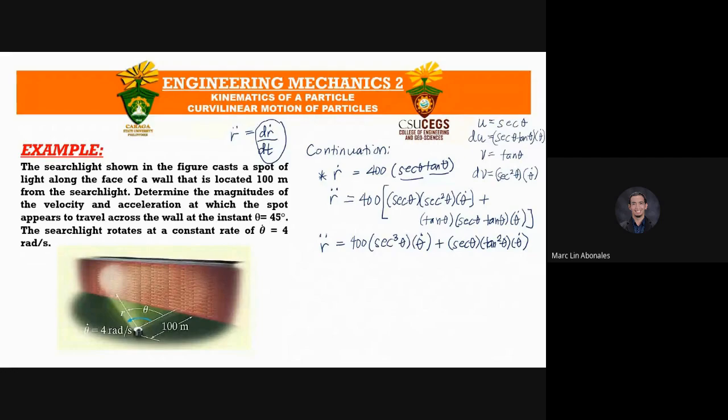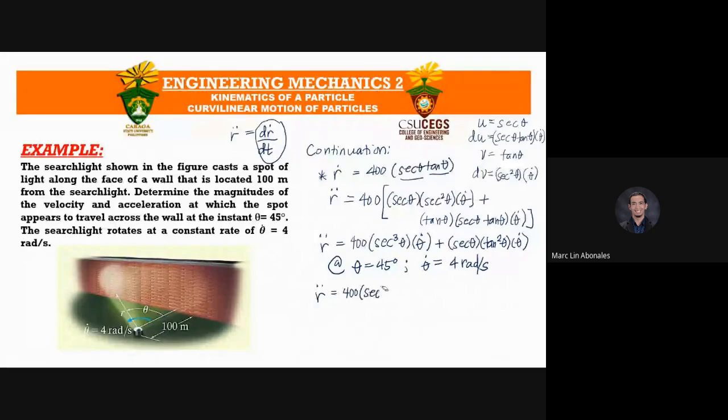So at theta is equal to 45 degrees, or at the instant ng angle is 45 degrees, and ang constant angular velocity is 4 radians per second. So we substitute that on our equation. That would be 400 secant cube.